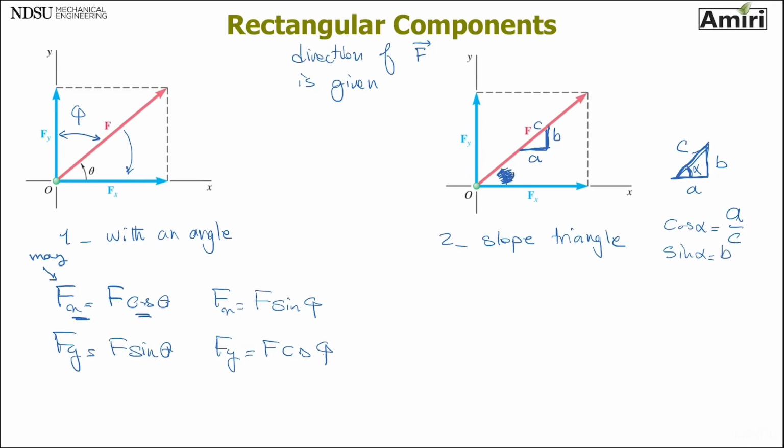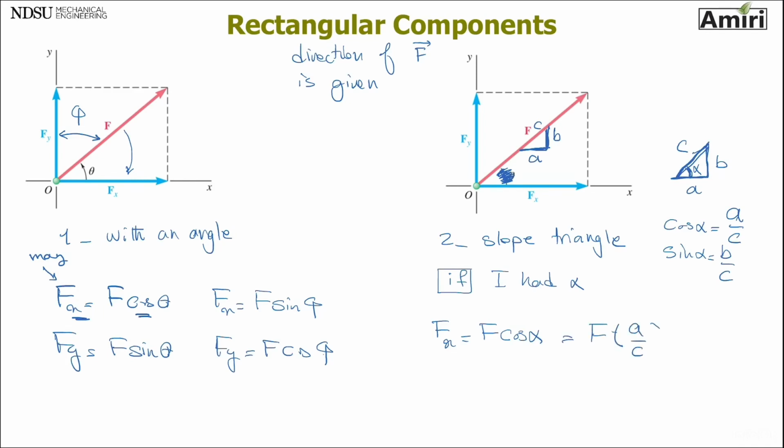It is B over C. So if, and it's a big if, I had alpha, then I would have said fx equals f cosine alpha. If I had alpha, but I don't. Instead, what do I have? I have the ABC. So let's just replace the cosine alpha by its A, B, C.